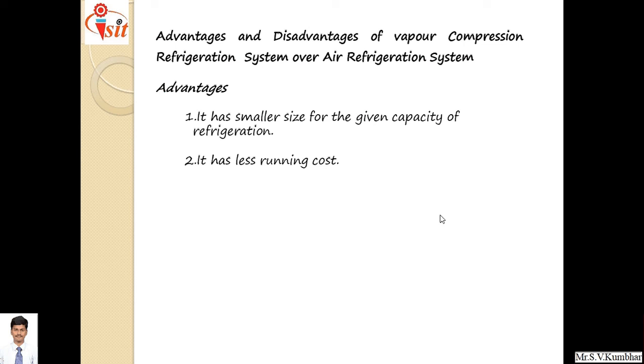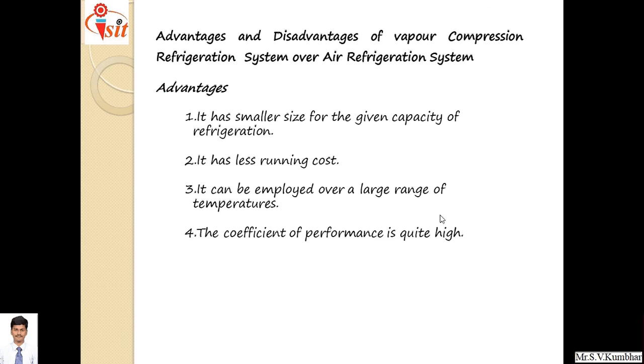Second, it has less running cost as compared to other refrigeration systems. It can be employed over a large range of temperature. The coefficient of performance is quite high in the vapor compression refrigeration system.